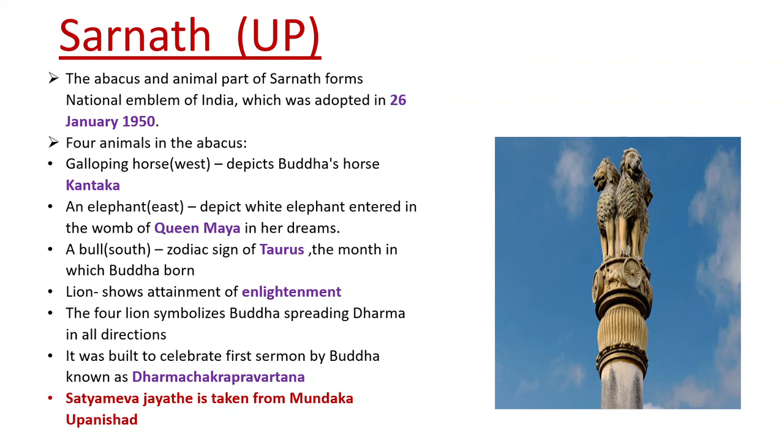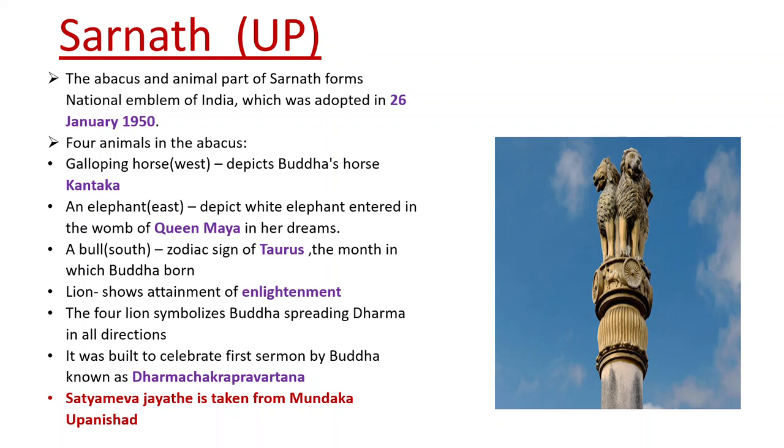If you look at the abacus, first we can see a galloping horse which faces the west, and it depicts Buddha's horse called Kanthaka. Then towards the east an elephant is facing, and it depicts Queen Maya's dream that a white elephant is entering her womb. Queen Maya is Buddha's mother.